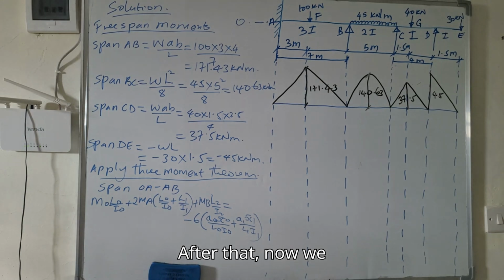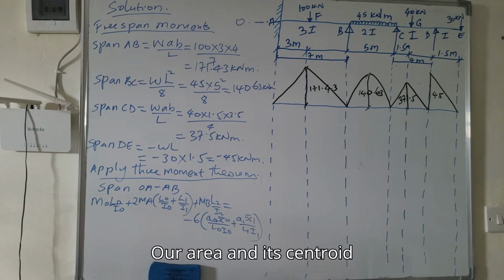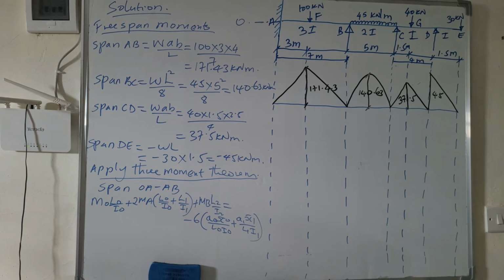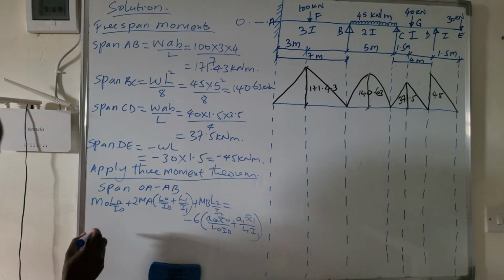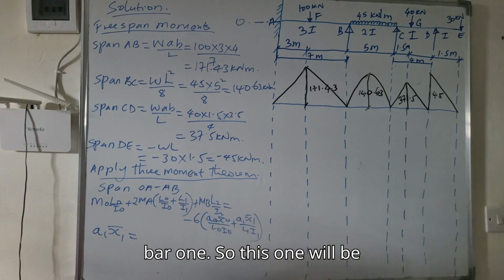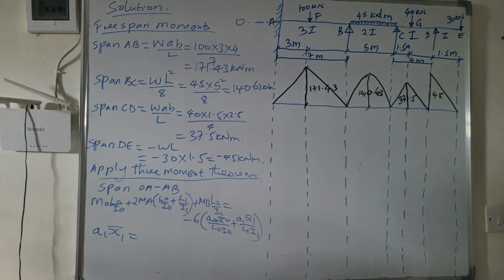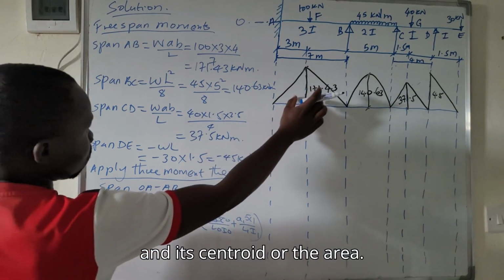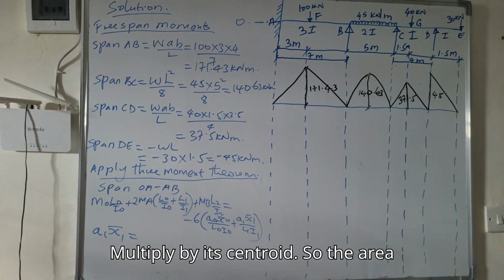After that, now we will start by calculating our area and its centroid of our geometric figure as a result of maximum bending moment. So A1 X bar 1. This one will be the area of this one multiplied by its centroid.